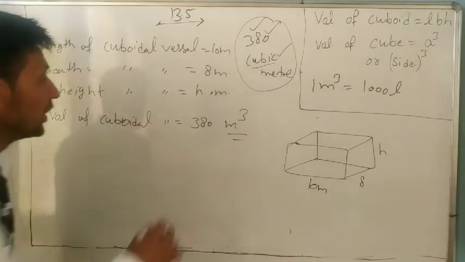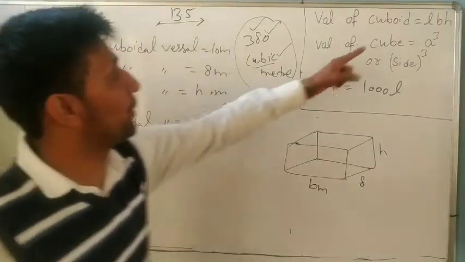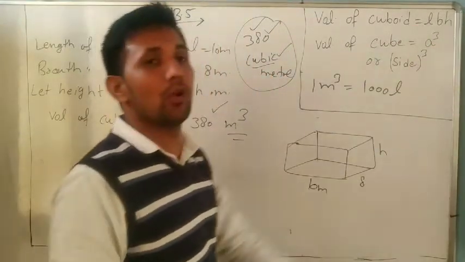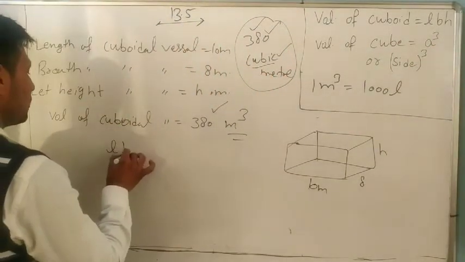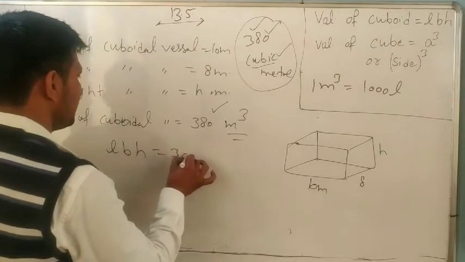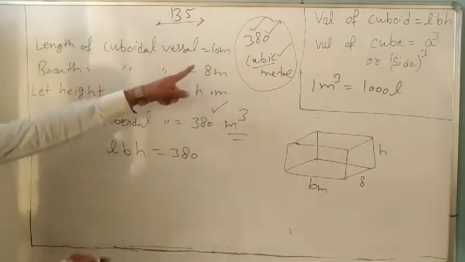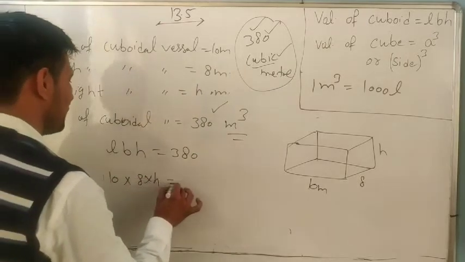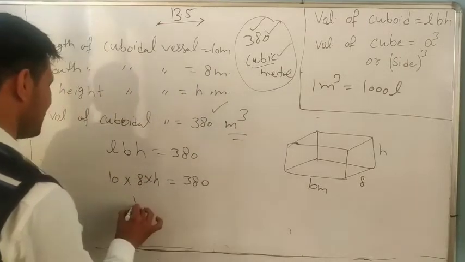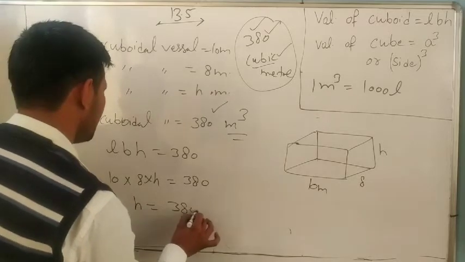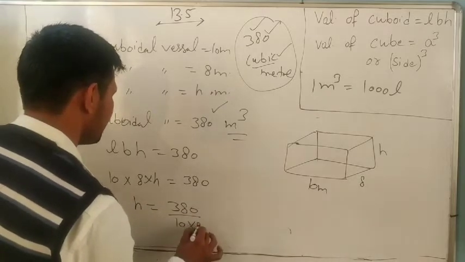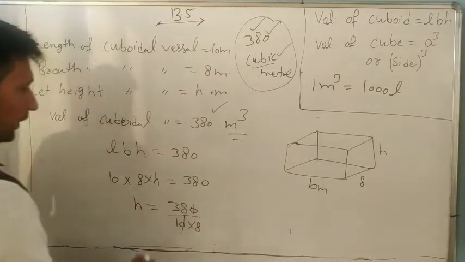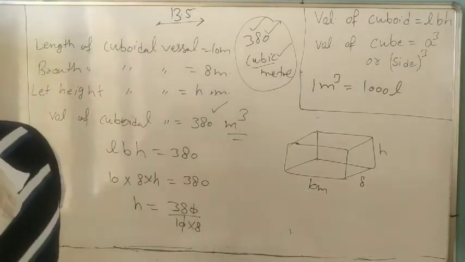It means the volume is given, and the volume of a cuboid is L into B into H. So L into B into H equal to 380. L is 10, breadth is 8, H we want to find. So H equal to 380 divided by 10 into 8. So 0 cut by 0.